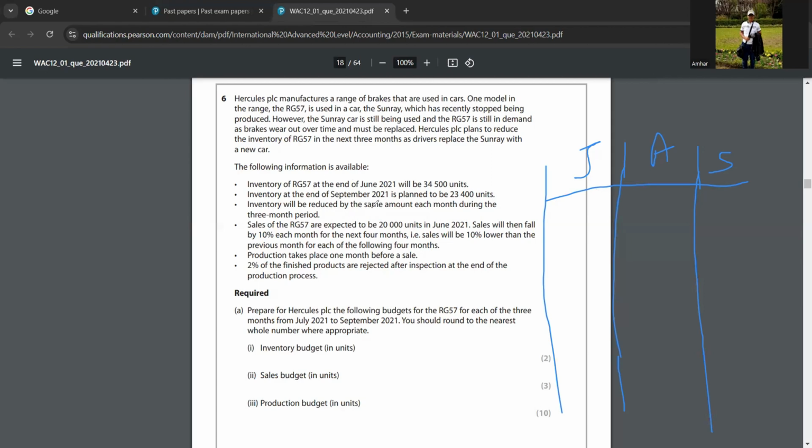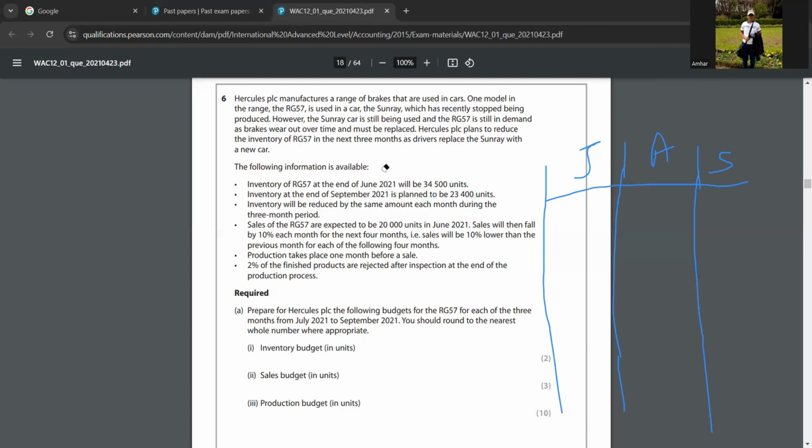So now what you have to do is the same thing you did earlier. That is 34,500 and 23,400, you have to find the difference. So what's the difference? 34,500 minus 23,400.